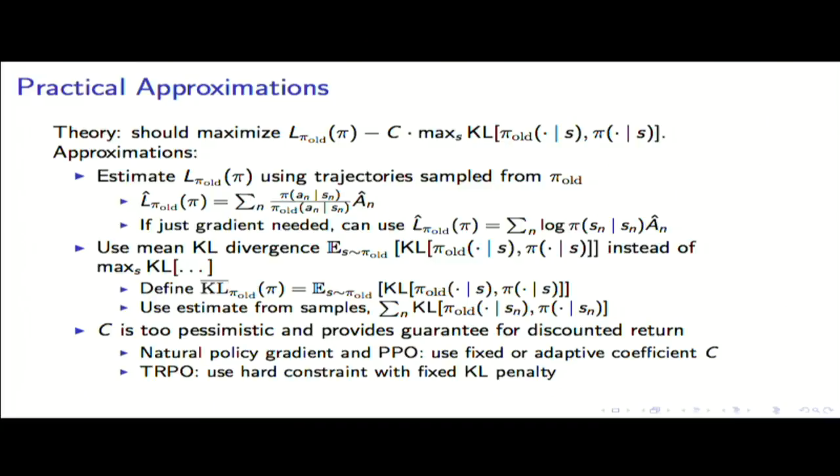Yeah, that's correct. You can look empirically at what the max KL divergence is when you optimize this objective that involves the mean KL divergence, and you'll find that the max is usually pretty big. It's much bigger than the mean. But it turns out that that doesn't matter so much empirically.